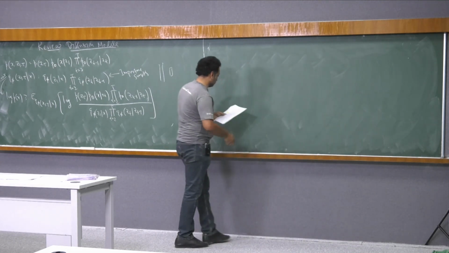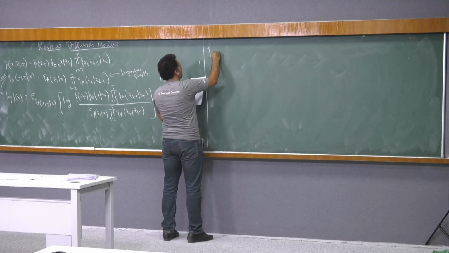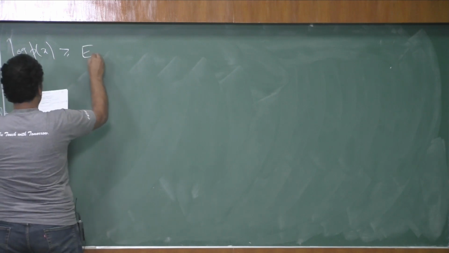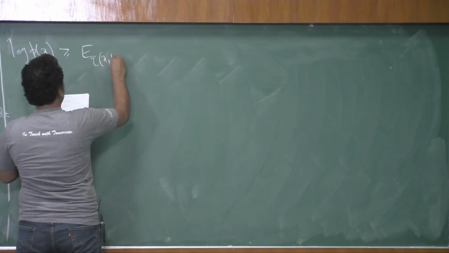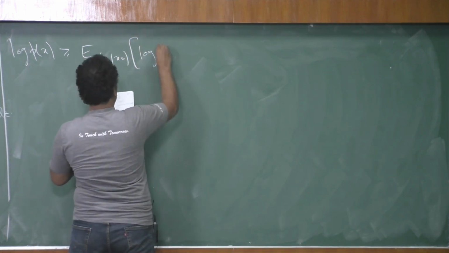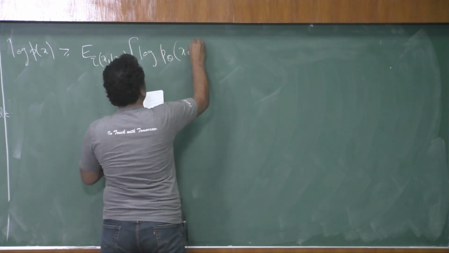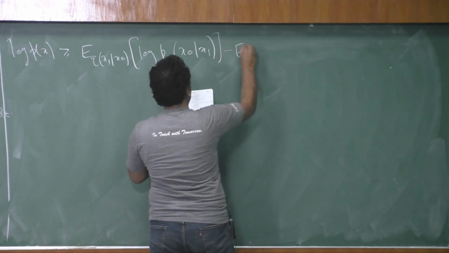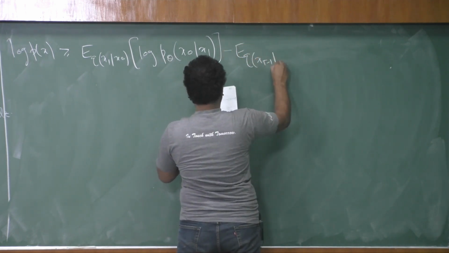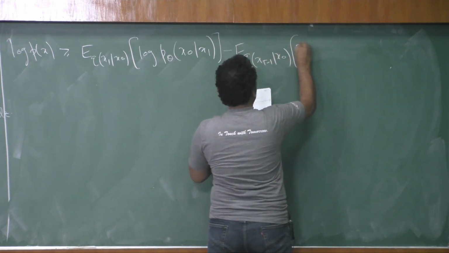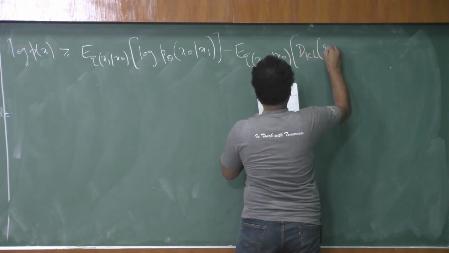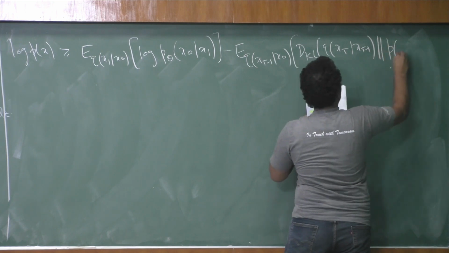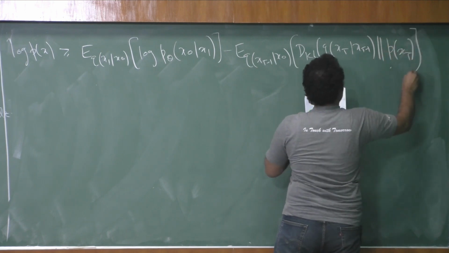So what we get is log p(x), and we get the expectation under q(x_1 given x_0) of log p_theta(x_0 given x_1), and then minus the expectation of the KL divergence of q(x_t given x_{t-1}) from p(x_t).